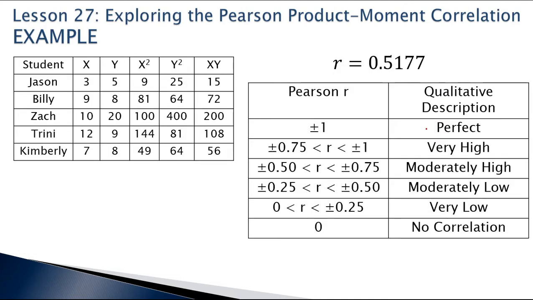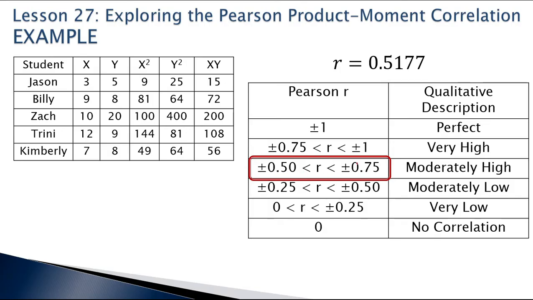Kuha ba? Okay, good. Ngayon, ito again yung ating nakuhang Pearson coefficient, 0.5177. So, saan kaya siya papasok dito? Ang R na na-compute natin ay nasa pagitan ng 0.5 and 0.75.